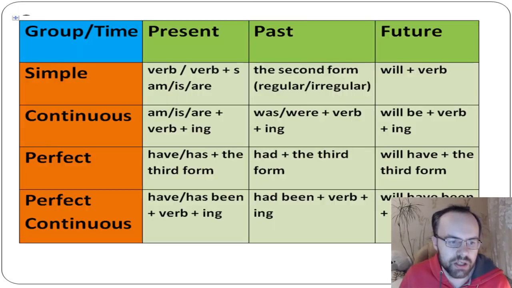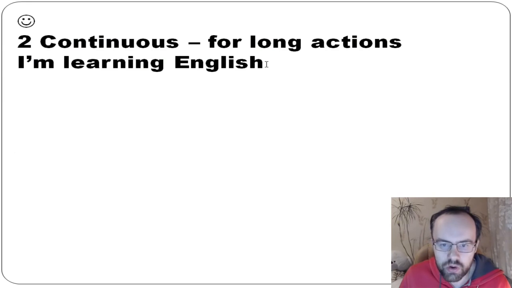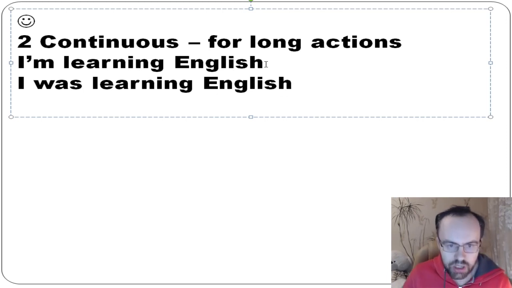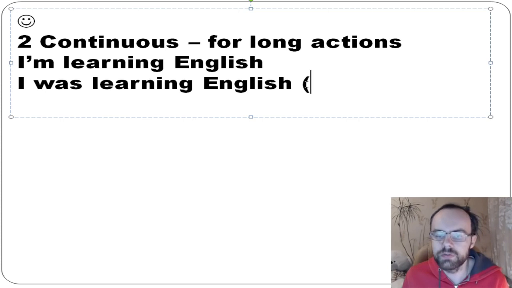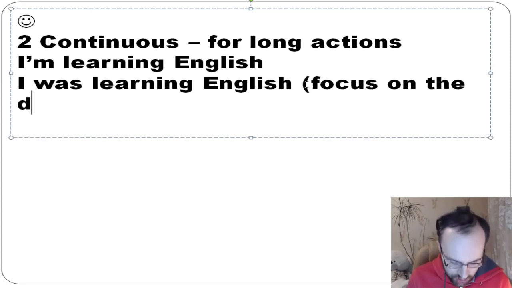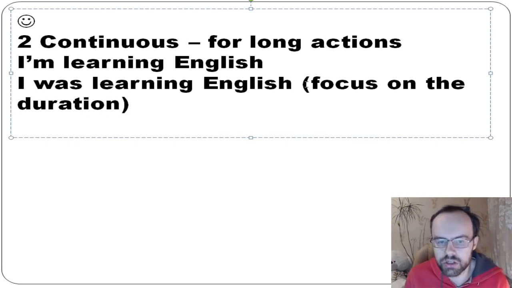Or you can say it in the past. You see how we form it: was or were. I was learning English. You focus on the duration. You can say past simple, I learned English, but it's a short action, and that's okay.